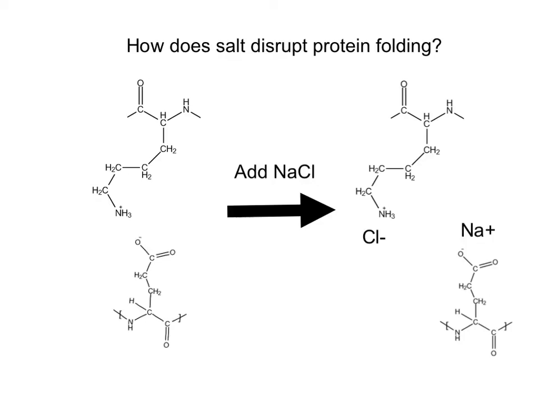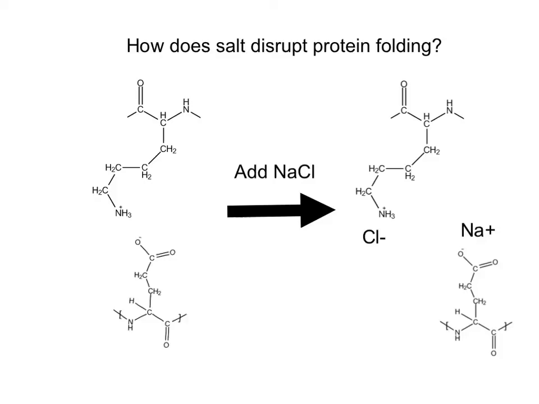Another technique we commonly use in cooking to disrupt protein folding is just adding more salt to the food. So here again you have two amino acids involved in an ionic bond, and we're going to add table salt, sodium chloride, that's NaCl. And when the salt is added, it dissolves to make two oppositely charged ions, and those ions can substitute for the pairing that you had here so that you wind up with more ionic bonds, but they're not between amino acids anymore.